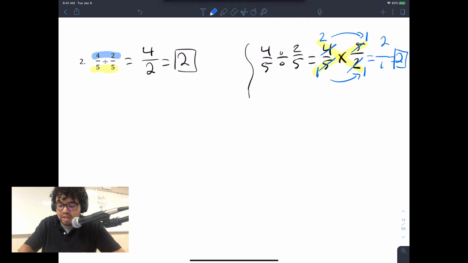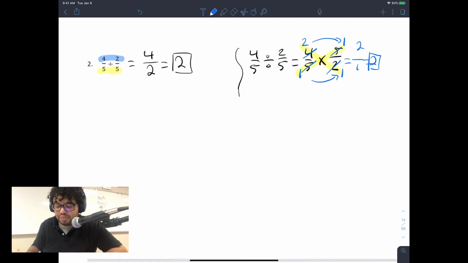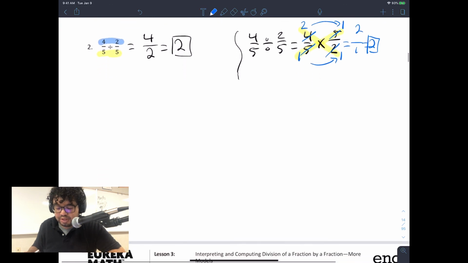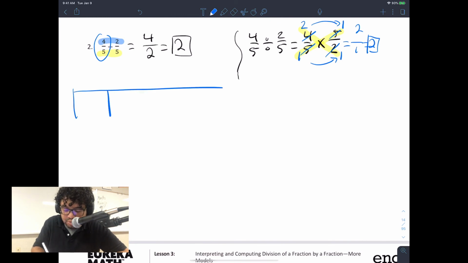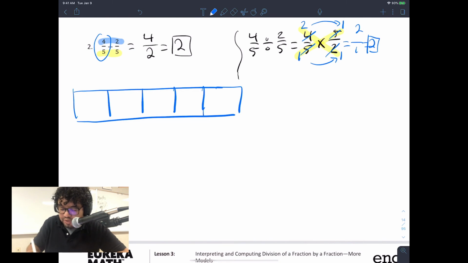Okay. Now, if you want to do the model for this, again, we're going to do it based on the first fraction. So I'm going to make 5 little boxes. 1, 2, 3, 4, and 5. Now, out of those 5 little boxes, I'm going to shade in 4 because I need 4. 1, 2, 3, 4. That's 4 out of 5, right? So then I need to break them into groups of 2/5.